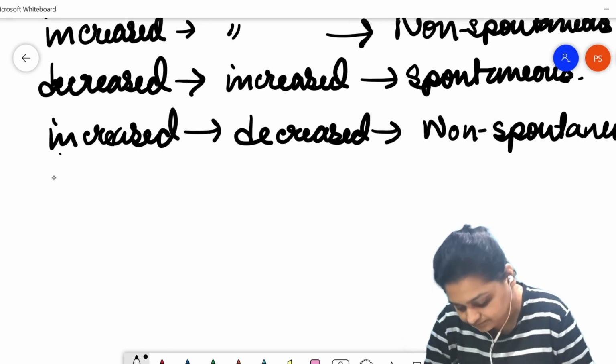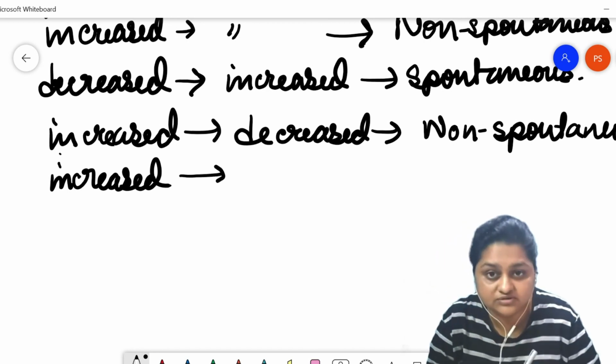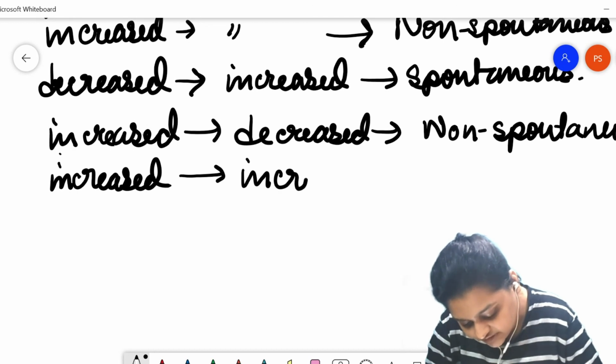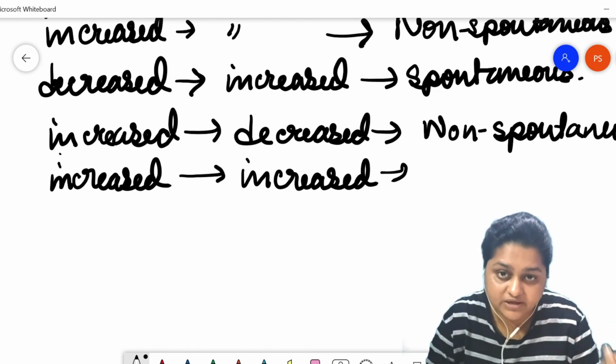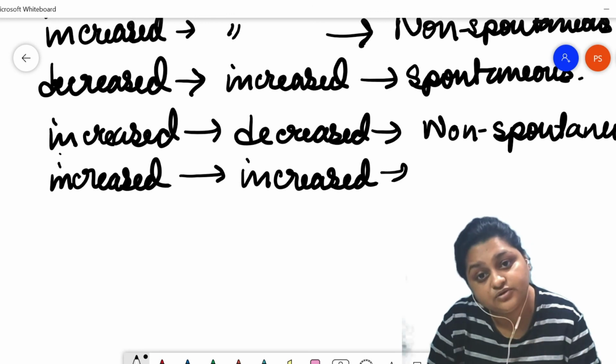If the delta H value for this process increases and the randomness also increases, the randomness increase is making the process spontaneous, but delta H value increase is making the process non-spontaneous.